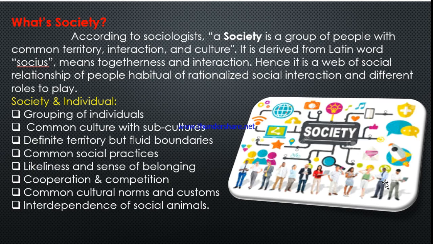People living in different countries having the same cultures or interaction may be termed as society as well. For example, we normally say Western society and Eastern societies, so they do not have definite boundaries. Then they have common social practices, likeliness and sense of belonging, cooperation and competition.